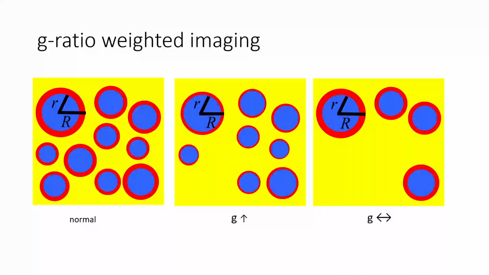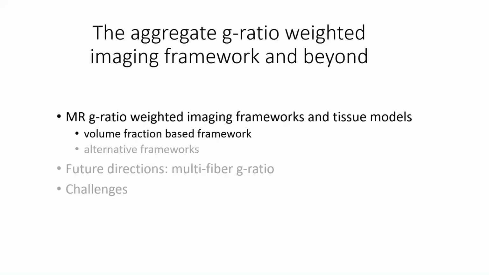Or on the right, you could have more extensive axon loss with the remaining axons having a relatively healthy G-ratio. So really the key point to estimating the G-ratio is to be able to decouple the relative myelin thickness, which is the G-ratio, from the total fiber volume.